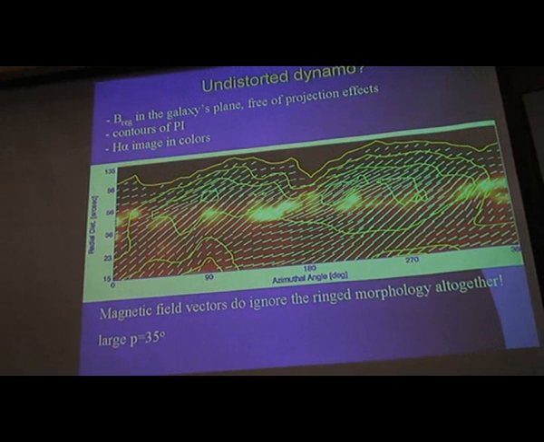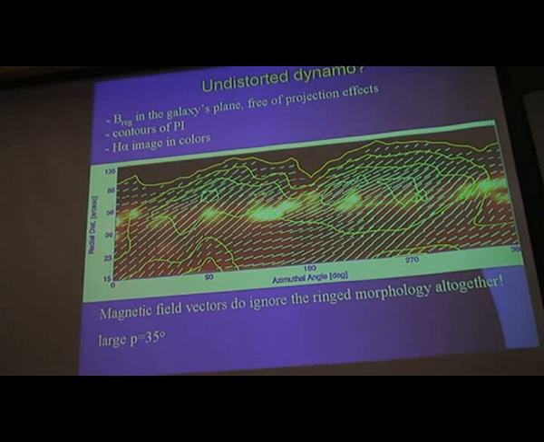So, to study this structure in a little more detail without projection effects, we made this phase diagram, which gives you magnetic fields in the frame of the galaxy, free of projection effects, in azimuthal angle and logarithmic radial distance.